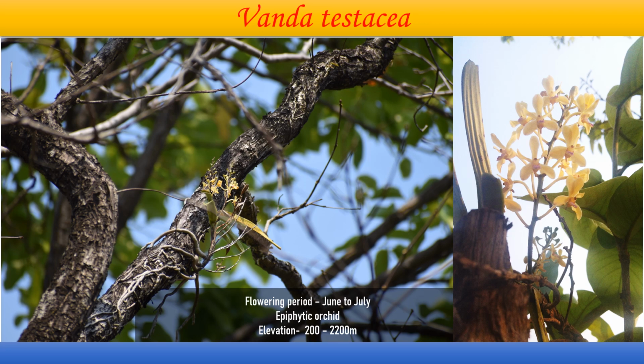So these are some of the Vanda species in India, and when their flowering period will be. Some of these Vanda species have medicinal values, and some are still not recorded due to their distribution in every part of the world.